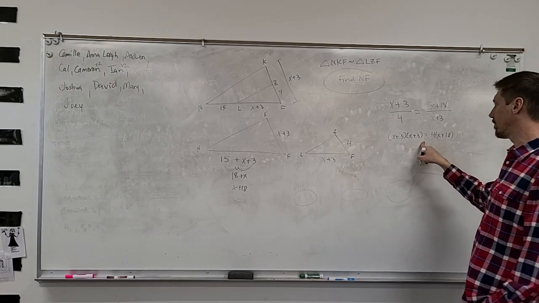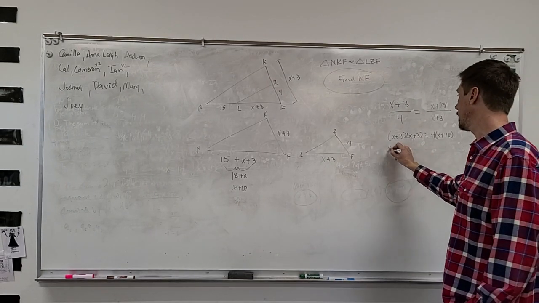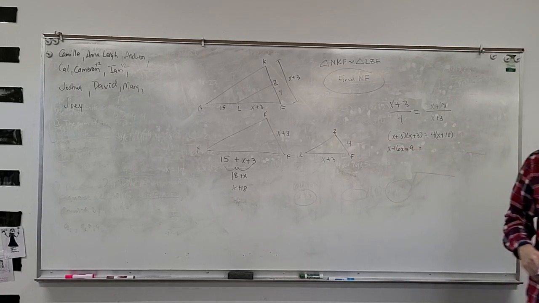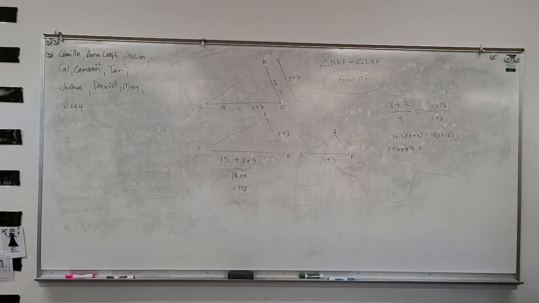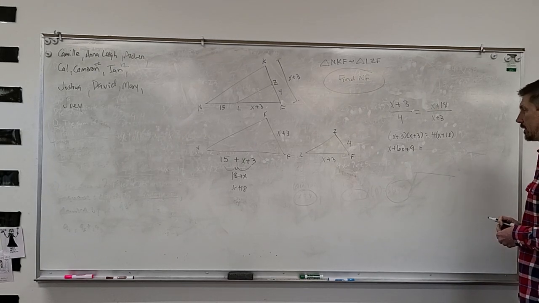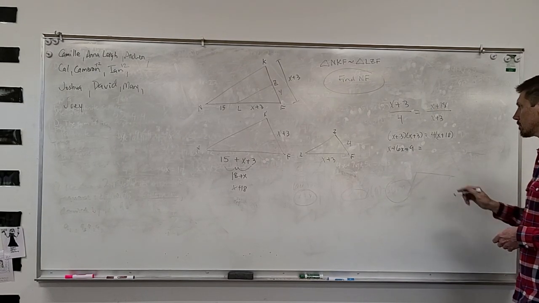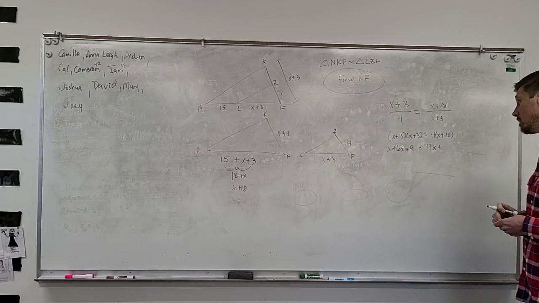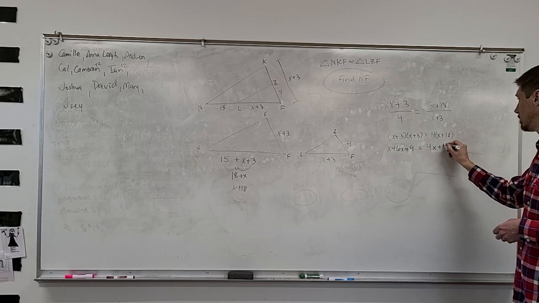When we do the math for this, we have x squared plus 6x plus 9, right? That's just using first, outer, inner, last as I multiply through and then add my terms. This is going to be 4x plus 72.